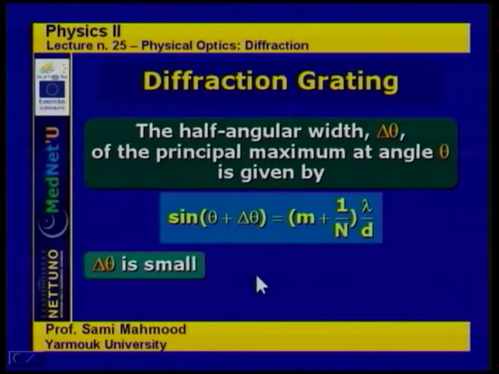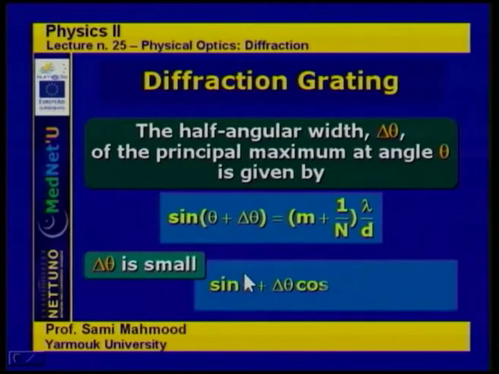In the case Δθ is small, we can expand this trigonometric function as sine θ cosine Δθ, where cosine Δθ goes to 1, plus cosine θ times sine Δθ.